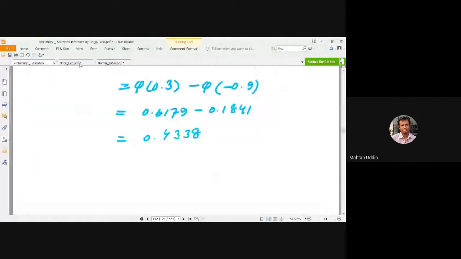From these given assumptions, mu is 650, variance is 625, so sigma is 25.